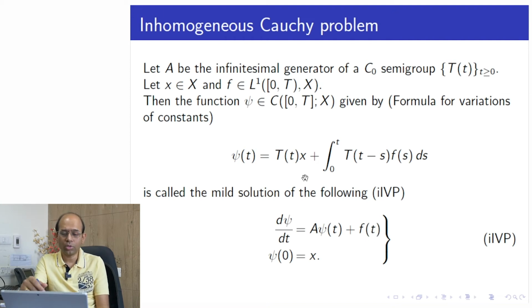Then the mild solution as described here also coincides with the mild solution of the HIVP, because this whole term becomes 0. So it is just a generalization, but that does not necessarily justify why this should be called a mild solution. In the next slide we are going to answer this question.